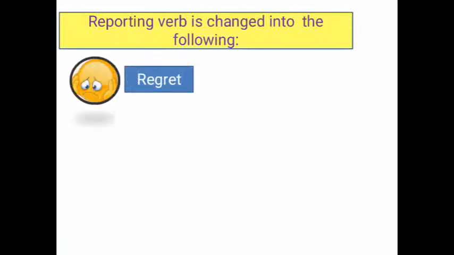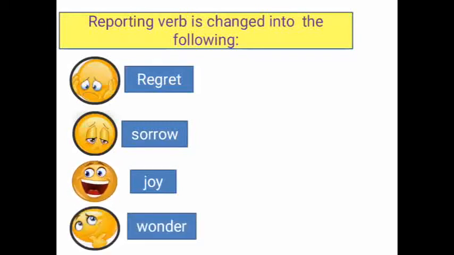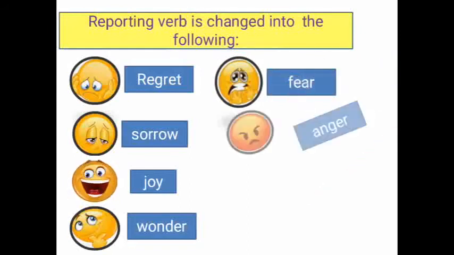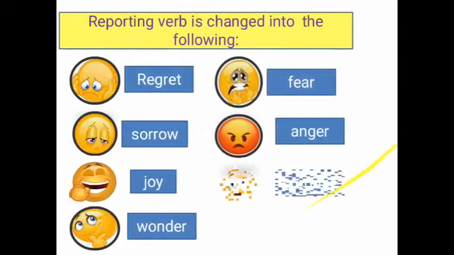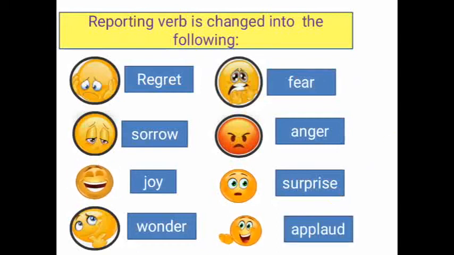For example, I exclaimed with regret, I exclaimed with sorrow, I exclaimed with joy, I exclaimed with wonder, I exclaimed with fear, I exclaimed with anger, I exclaimed in surprise, I applauded. So these are some of the reporting verbs that can be used in the exclamatory sentences, as there are different kinds of emotions.